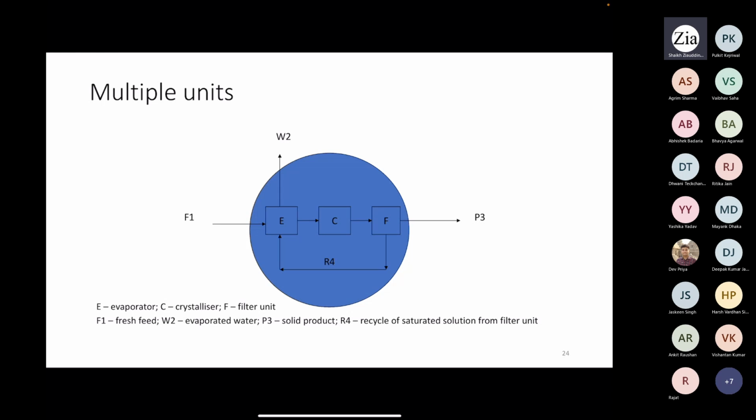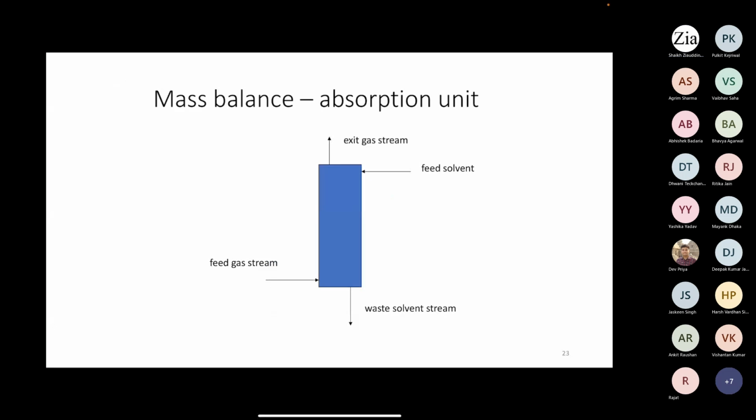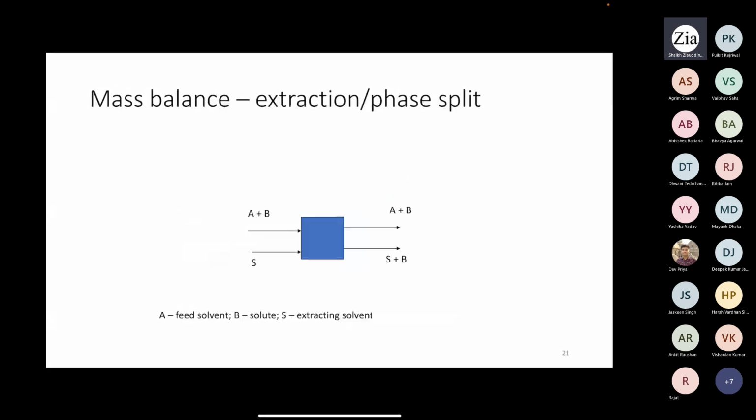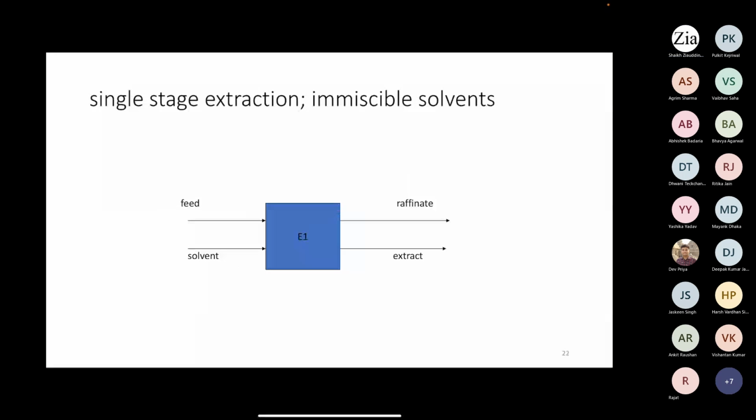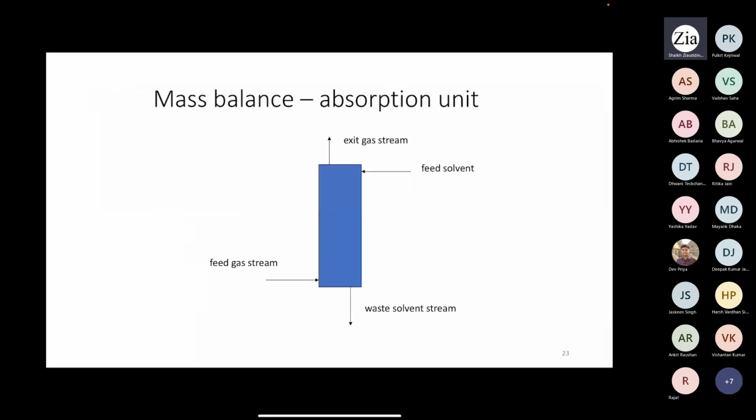Now, as I told you, in downstream operation and upstream operation, you'll mostly deal with multiple units. All these processes I have mentioned before, like adsorption unit, extraction, centrifugation, filtration, are called unit operations.